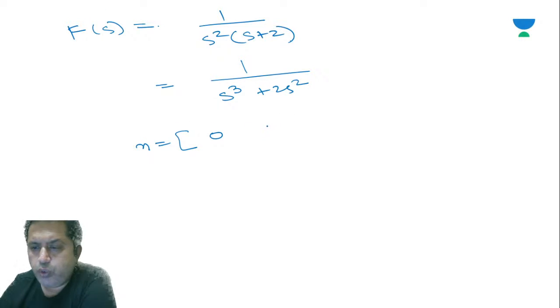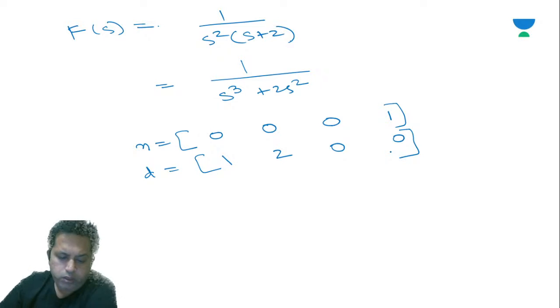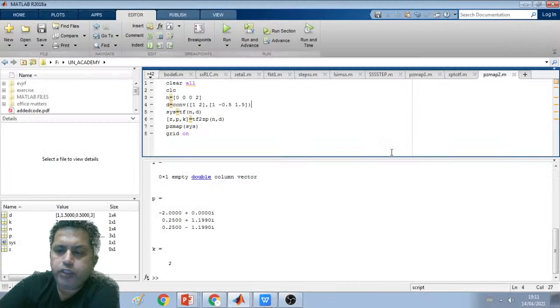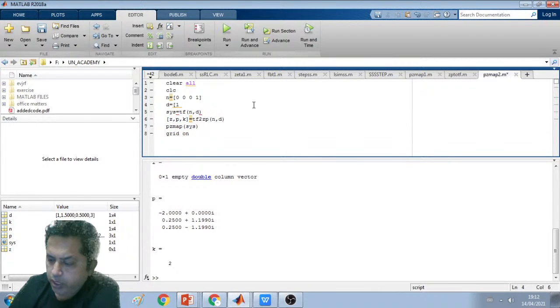S cube term 0, s square term 0, s term 0, constant 1. Denominator is s cube 1, s square 2, s 0, constant 0. So 1 2 0 0 is your term. Let us make changes in the file. So this is 0 0 0 1, and the denominator we will say 1 space 2 space 0 space 0.